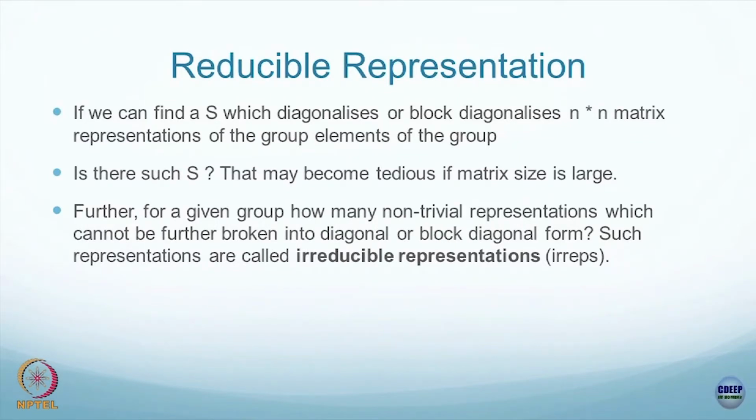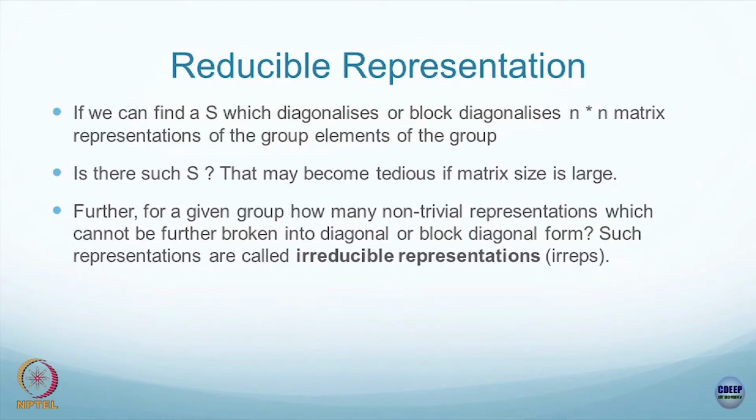You call, if you can find, then you will see that each of these blocks will be called an irreducible block. The n cross n matrix, you can call it to be a reducible matrix which is broken up into irreducible blocks. Is there such an S?